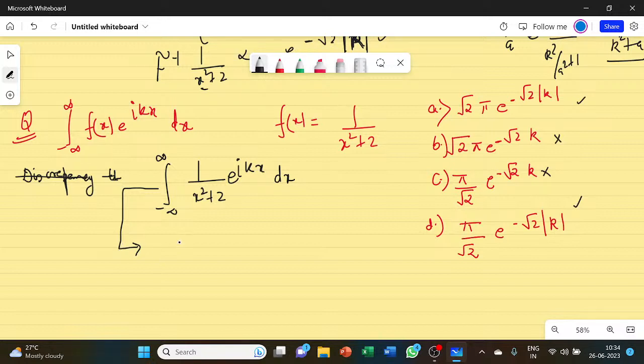So whenever you have this kind of thing, you can replace this by integration over a semicircle contour gamma of e to the power iota kz times g z dz. I should write g z because f z is this already.